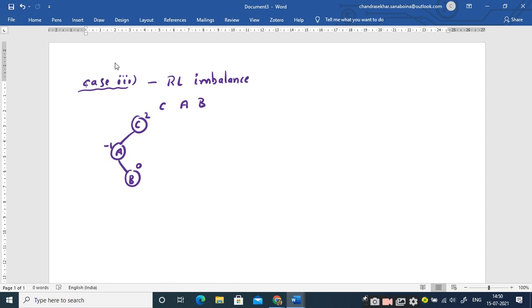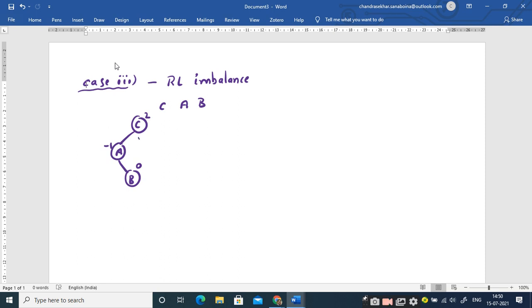What is the node where the balancing has been violated? It is at C, sir. It is at C. Am I right or not? Yes, sir.